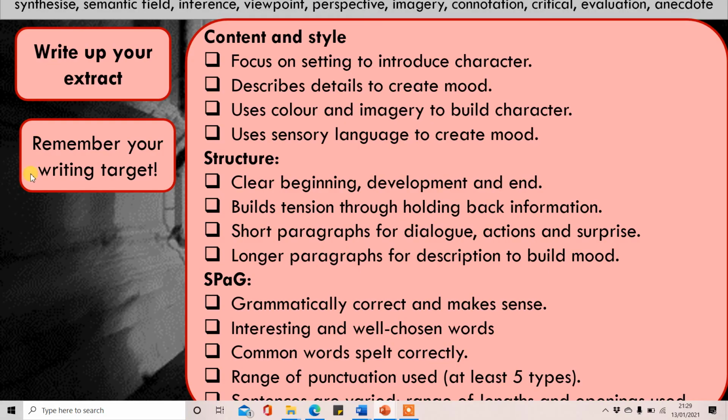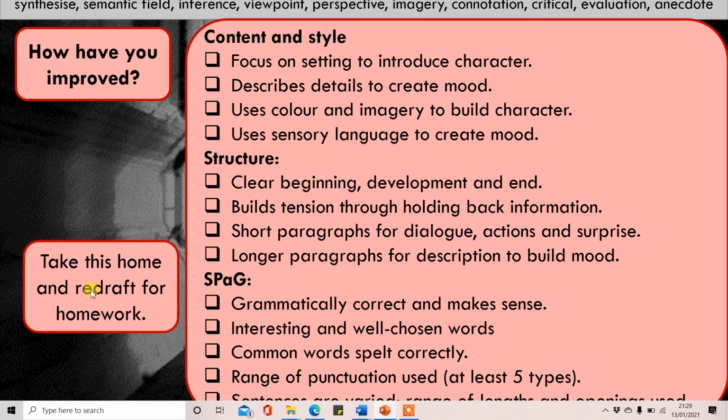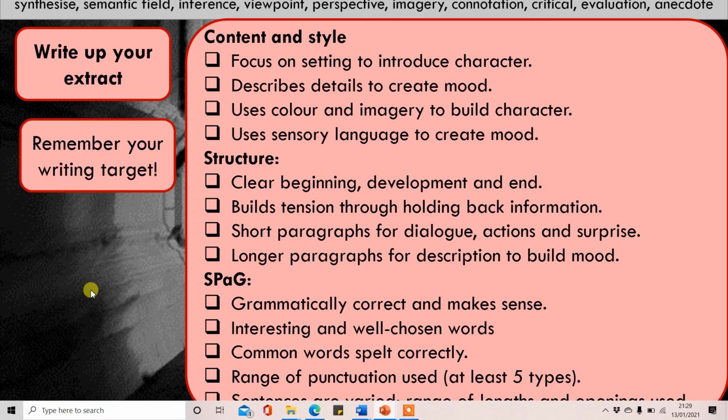So what you need to do is remember you are focusing here. You're writing up now, and you're going to write for half an hour where you introduce this character. Now, I've turned this into what you get marked on for GCSE. So your content and style.